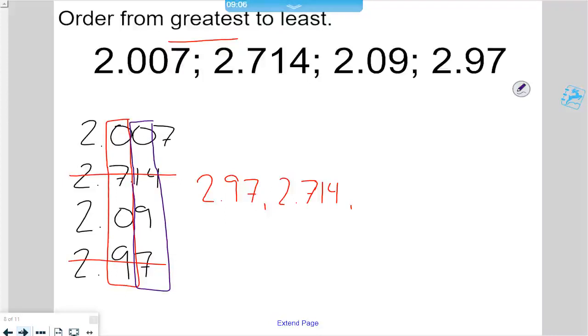I have a 1, but a 0 and a 9. So my 9 is bigger than a 0. So I'm going to go 2 and 9 hundredths. And my smallest one is 2 and 7 thousandths. Greatest to least.